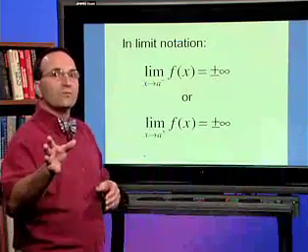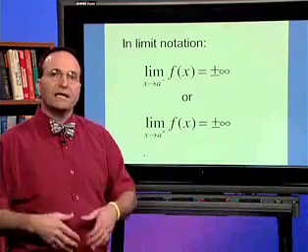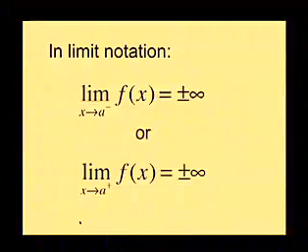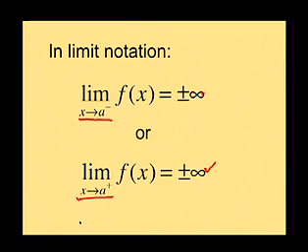In limit notation, it's this: the limit as x approaches a from the negative side of f(x) is either plus or minus infinity, or the limit as x approaches a from the positive side of the function approaches either positive or negative infinity.